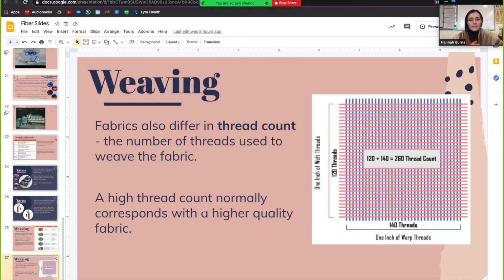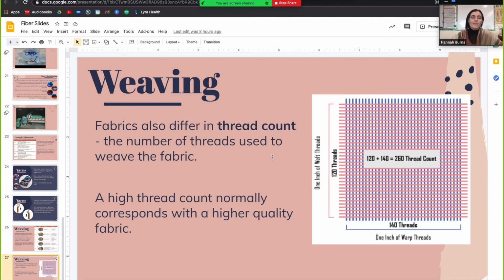So then finally, looking at the weaving, we can see here these are the weft threads and these are the warp threads, and depending on the number of threads that are used in the weft and the warp, you'll add them up in order to determine the thread count. The number of threads varies depending on the type of fabric, the type of weave pattern, as well as what you want to use that pattern and that textile for.